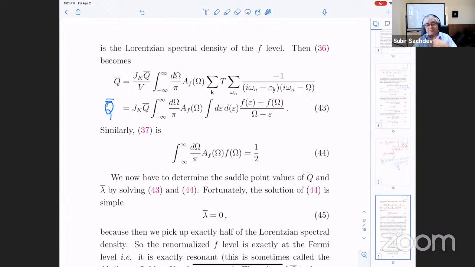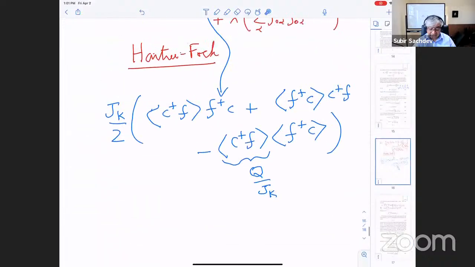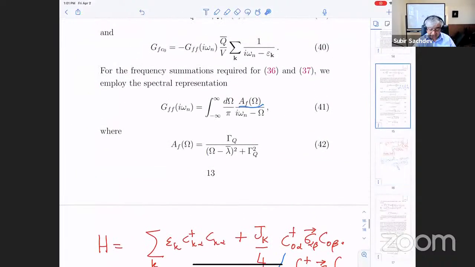And the only way you can do that using free electrons is by having the chemical potential right at 0 energy. Or, another way to see it is that there's a Lorentzian density of states. The Lorentzian is centered by lambda.